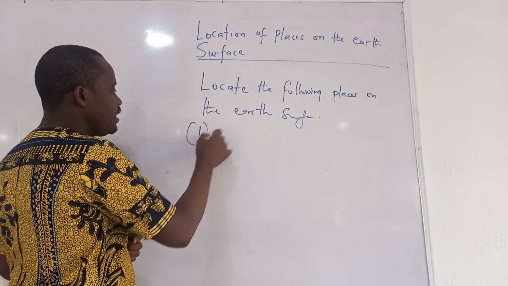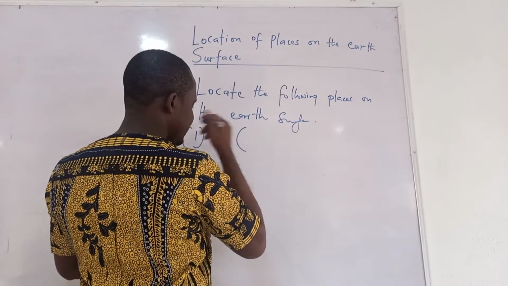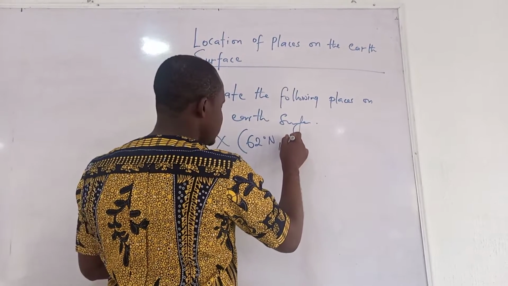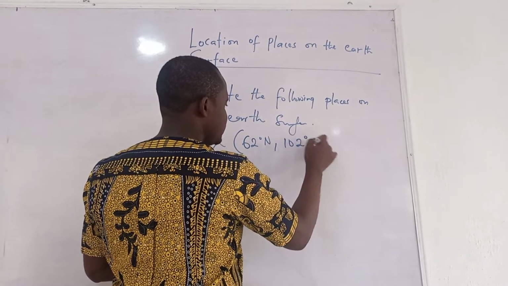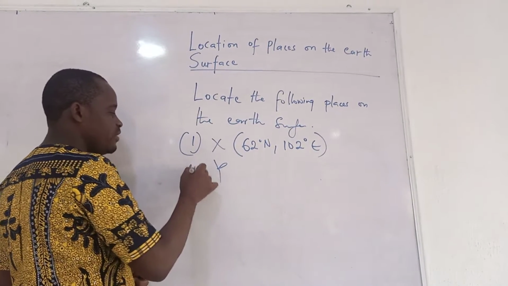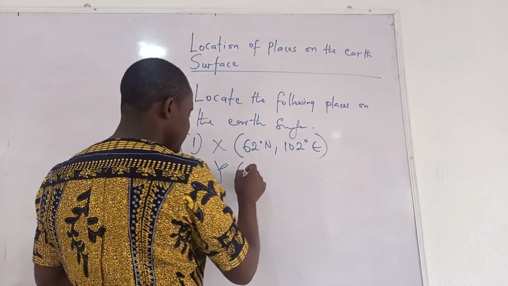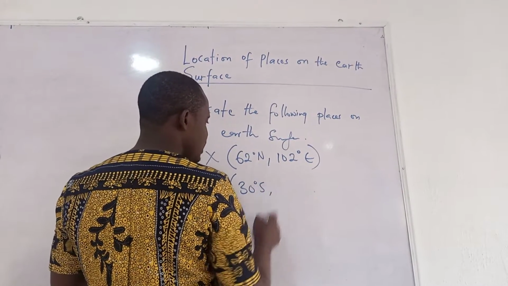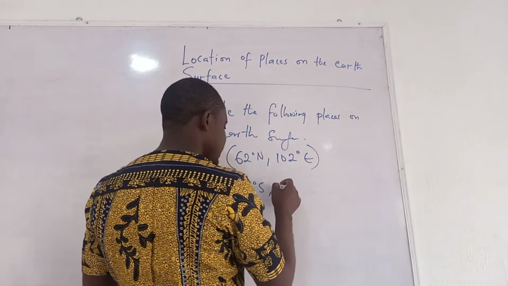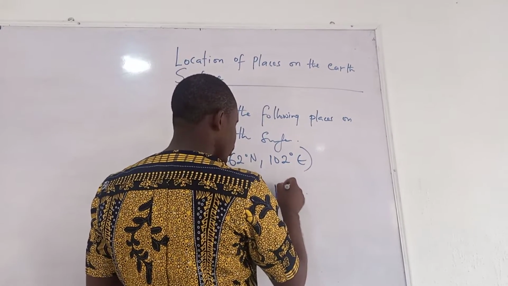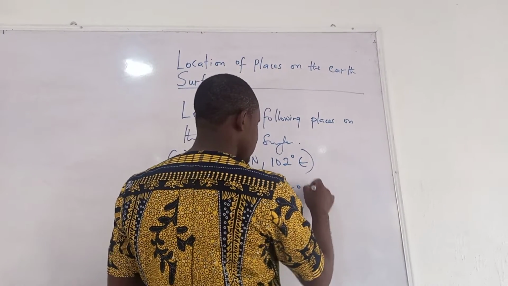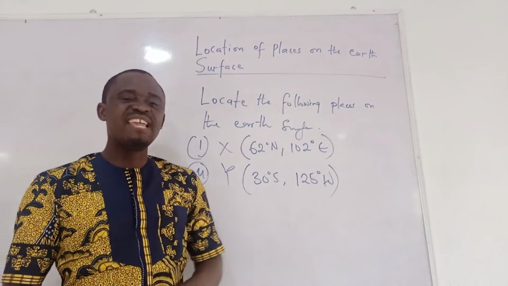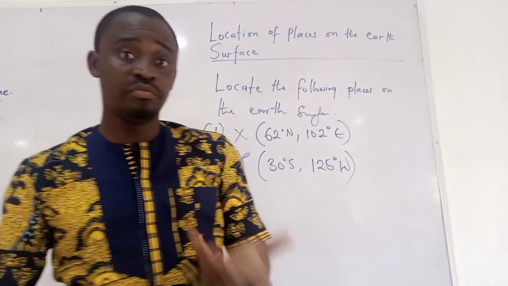Roman figure 1: Earth, 62 degrees north, 102 degrees east. Roman figure 2: 30 degrees south, 125 degrees west. I always tell my students that if you don't know the basics of longitude and latitude, you miss it.